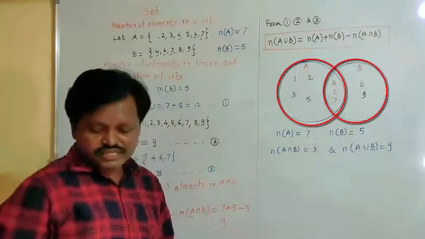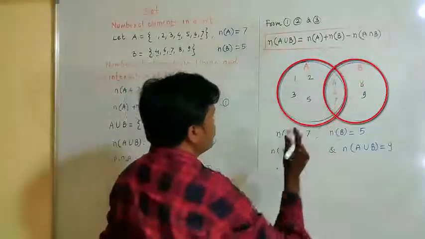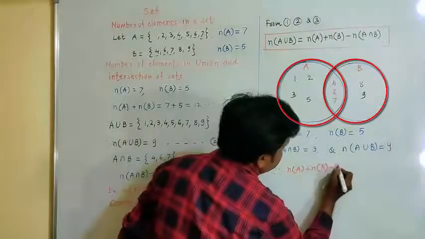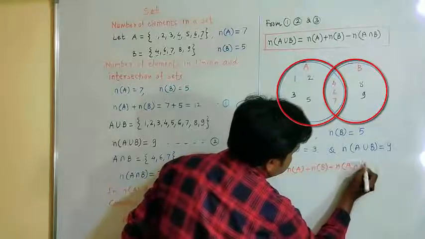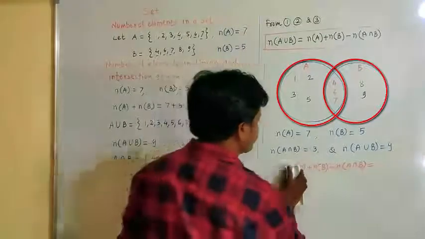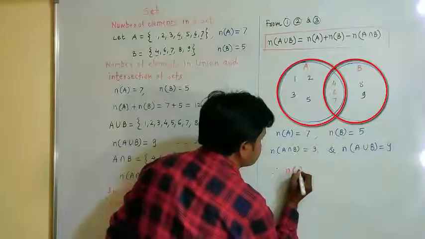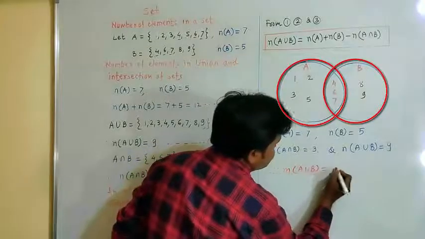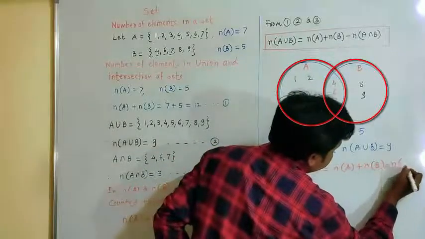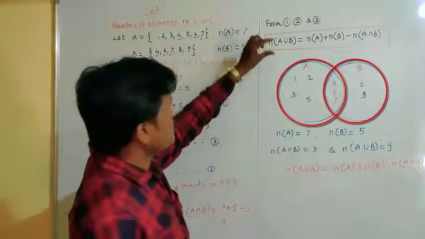Now write the formula: n of A union B is equal to n of A plus n of B minus n of A intersection B. So we prove this formula by this Venn diagram.